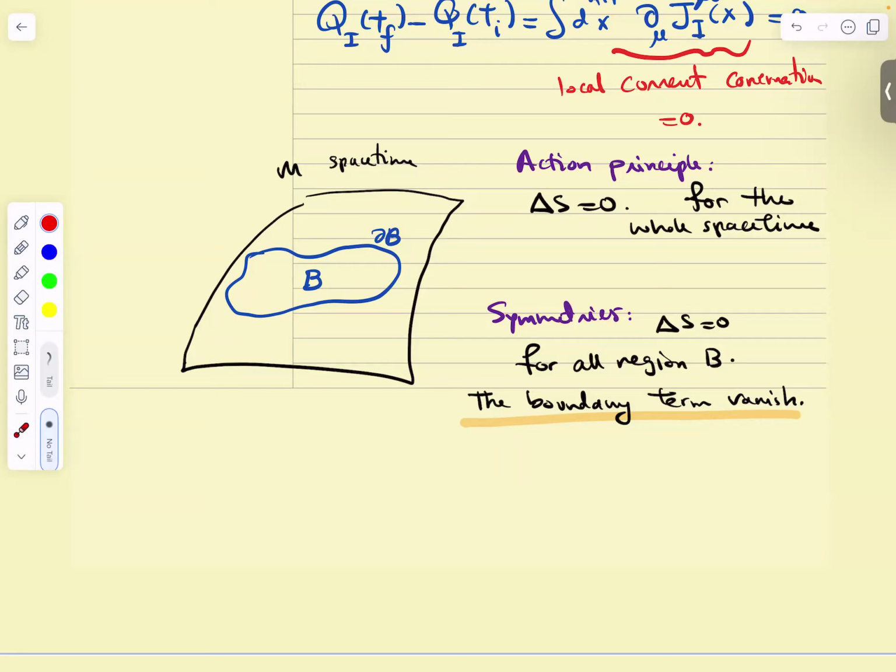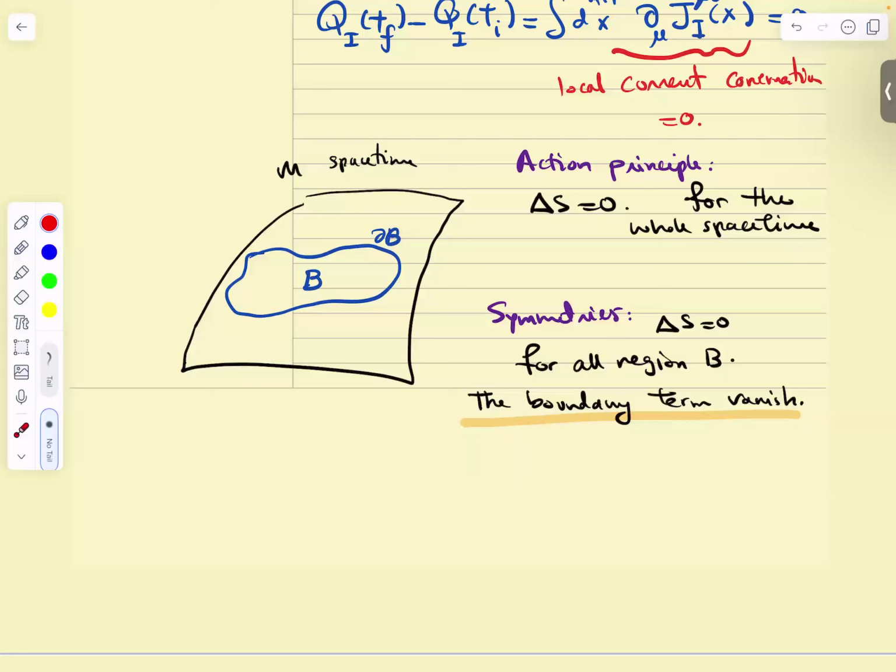No. At the moment, I don't know about this at all. I just made a transformation, and I told you that if that transformation leaves my action invariant, I will cook up for you some J mu that satisfies this equation.